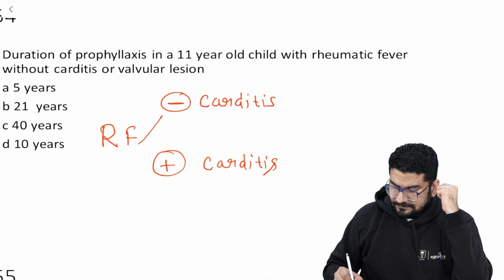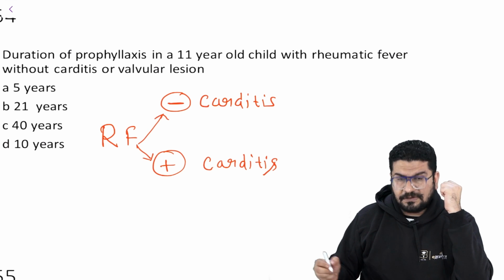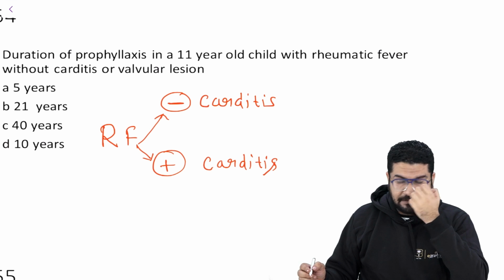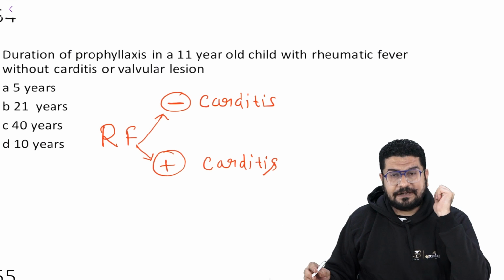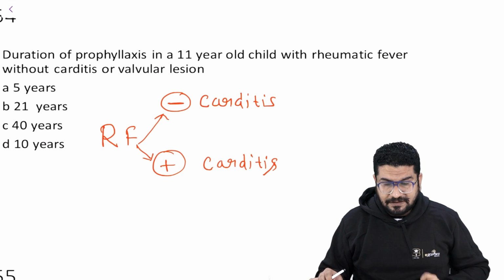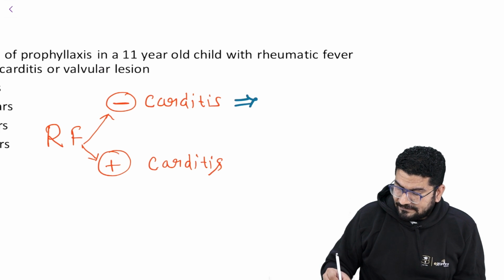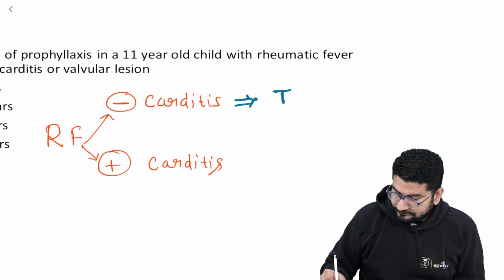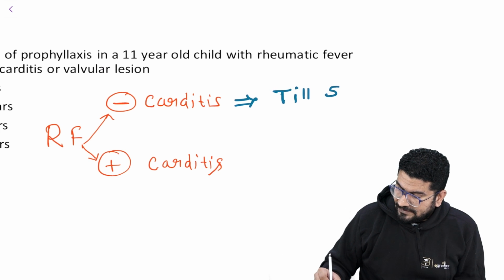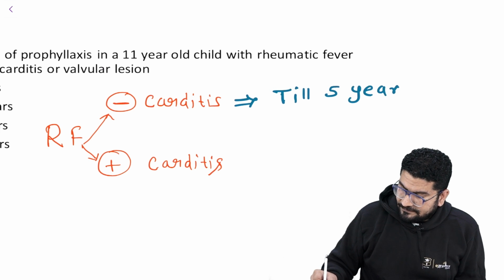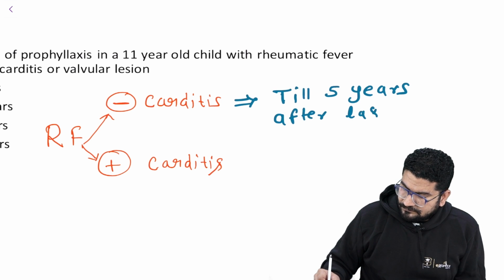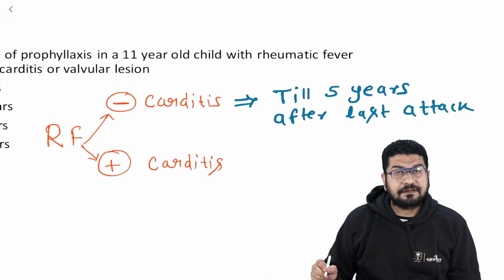Again, this is a question from the table in Harrison. They have given how long you will give prophylaxis. If the person has no carditis, then we give prophylaxis till 5 years after the last attack.